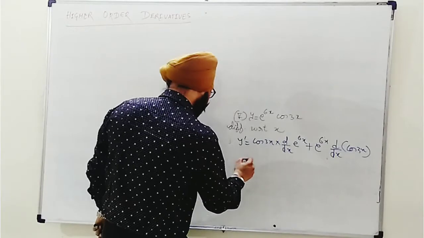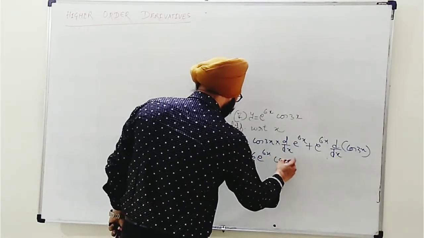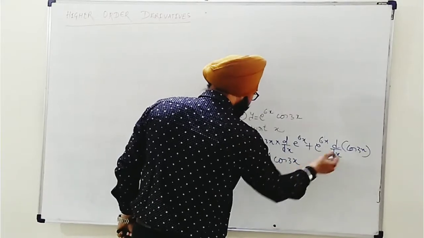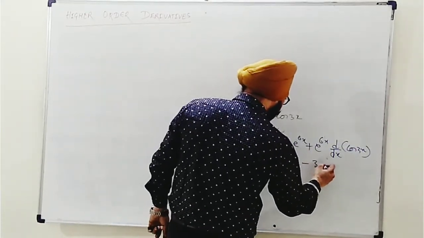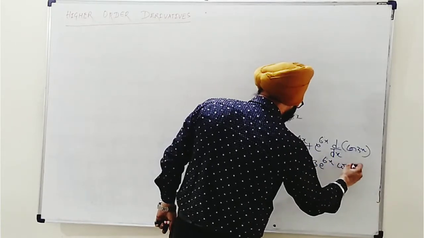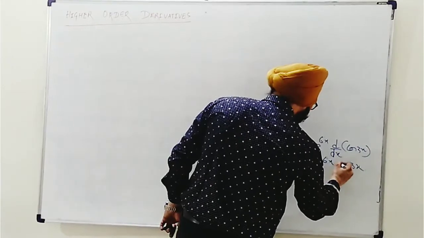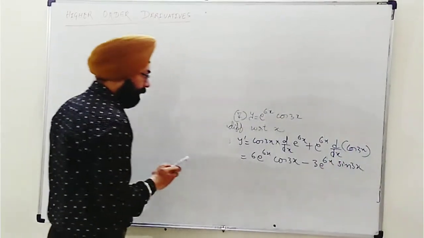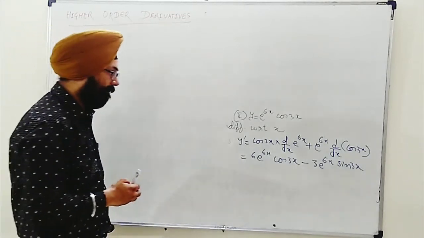We get 6 e to the power 6x cos 3x, and here as cos 3x will be minus, so here we can put minus 3 e to the power 6x sin 3x. But this is one time. We need second order, means 2 times we have to do.